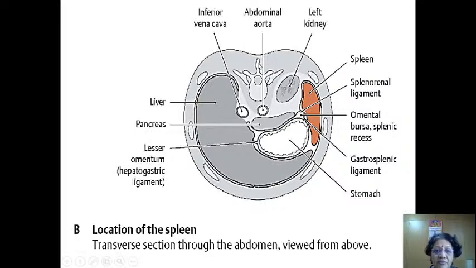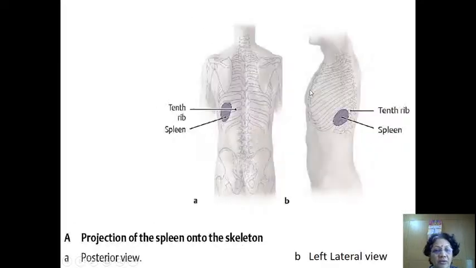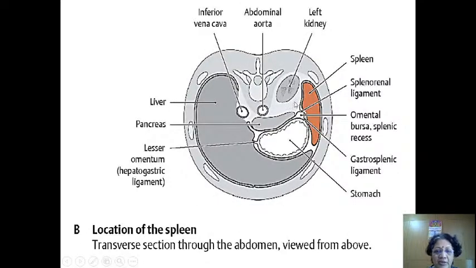So there you'll have the vertebral column on the top and the anterior abdominal wall in the front, and this would be the liver on the right of the patient, and the spleen on the left of the patient. So where it is right now is tucked in with the stomach on this side. This section is below the level of the diaphragm, so you don't see the muscle at all, and you're seeing the left kidney on that side, and this is the body wall with the ribs.